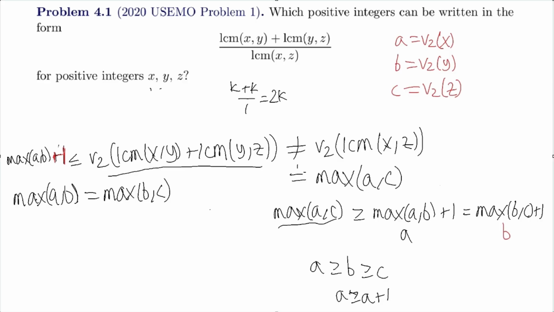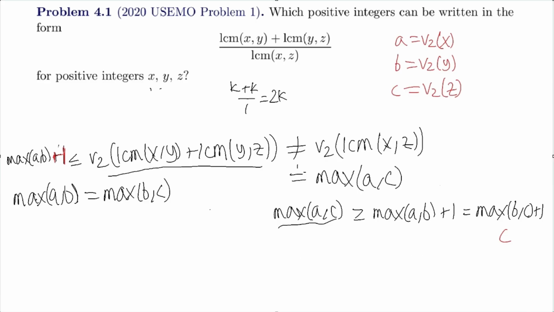We obviously know that's not true, so we can't have that's the case. And you can similarly determine that if this is B, this is C, then A is less than or equal to B is less than or equal to C, and then therefore C is greater than or equal to C plus 1, again doesn't work.